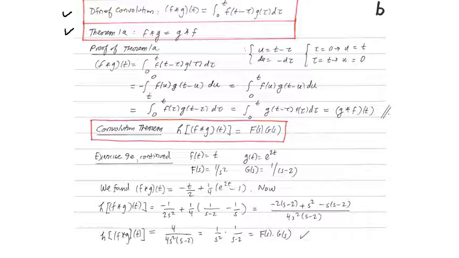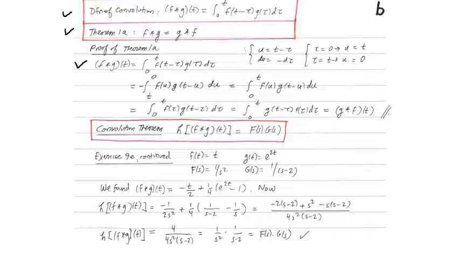So we'll look at the proof of Theorem 1a together. So here's the definition: f star g of t is the integral from 0 to t of f of t minus tau, g of tau d tau. That's just copying from the orange box up above, the definition of convolution.